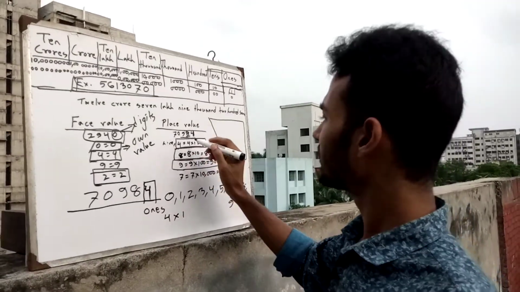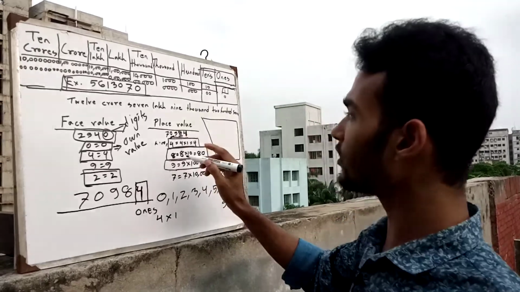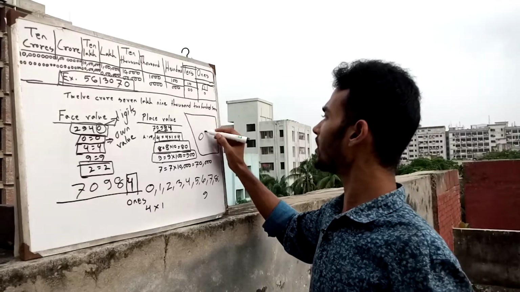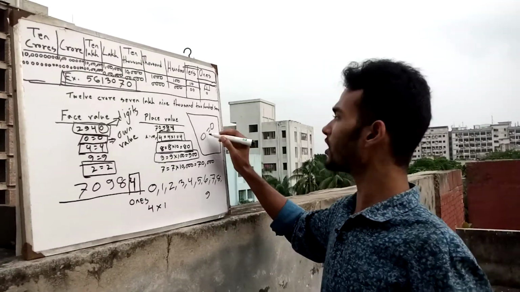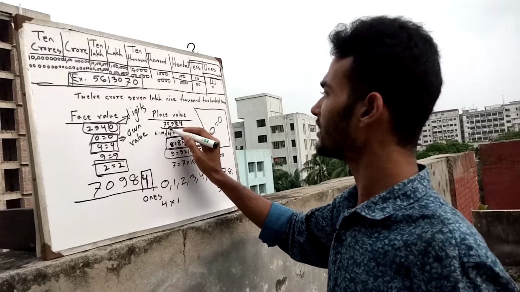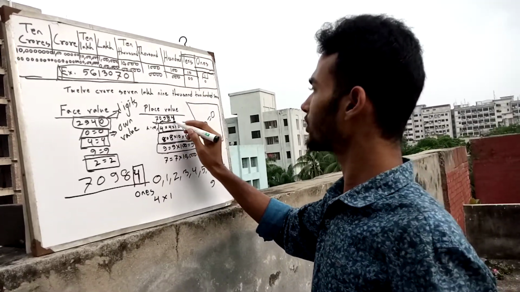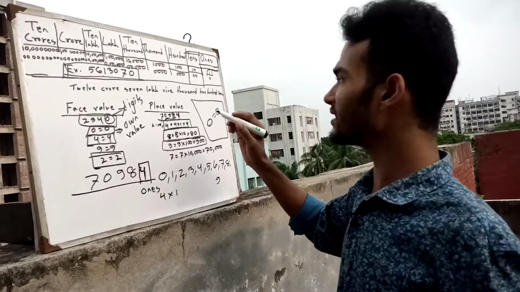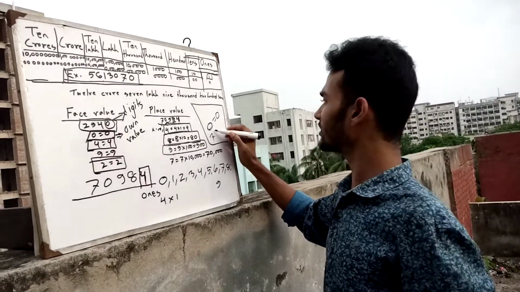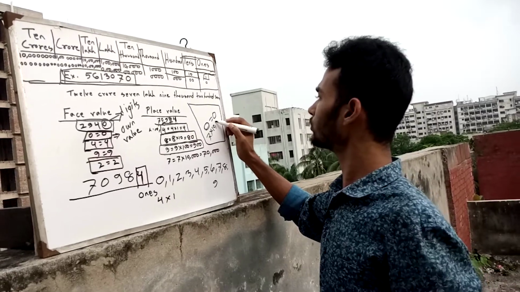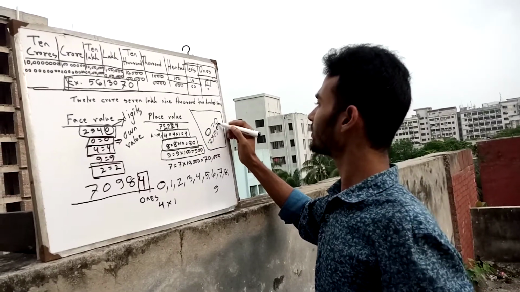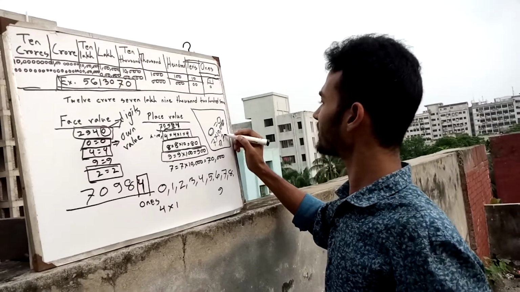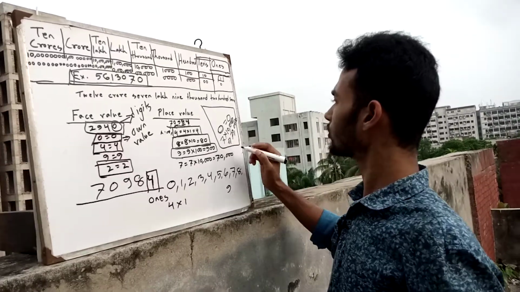Then go for 0: whether face value or place value, 0 will always be 0. Then go for 7. Its position: ones, tens, hundreds, thousands, ten thousands. That means 7 is in the 10,000 position, so we multiply 7 by 10,000 and find 70,000.